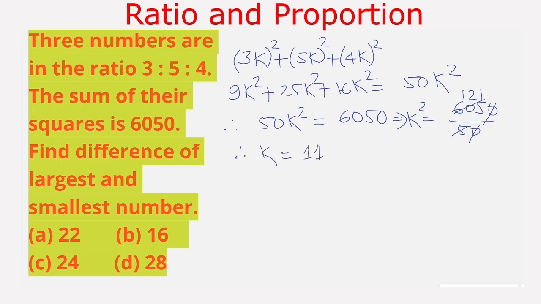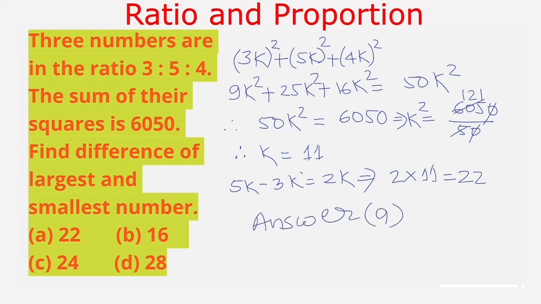Now, the largest number is 5k and the smallest number is 3k, whose difference is 2k, and 2 multiplied by the value of k, 11, is equal to 22. Thus, the difference of the largest number 5k and the smallest number 3k is 22. And from the given options, our answer is option A, 22.